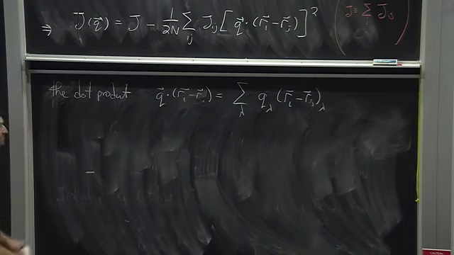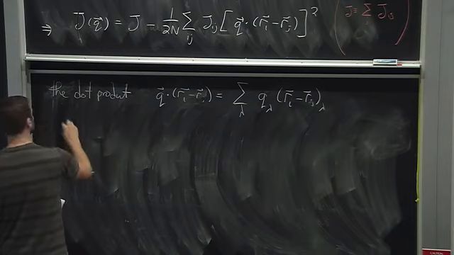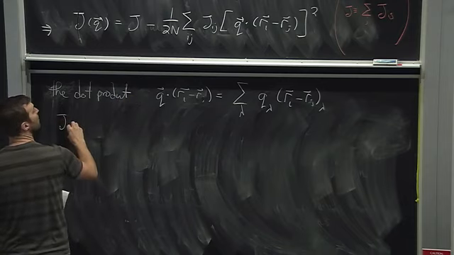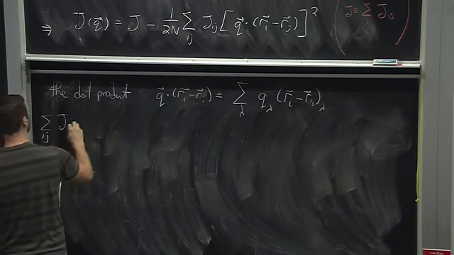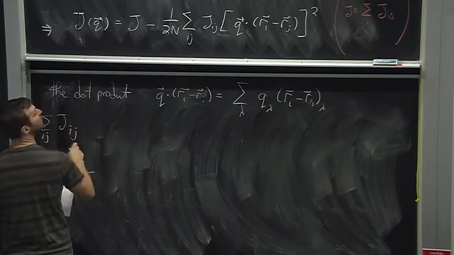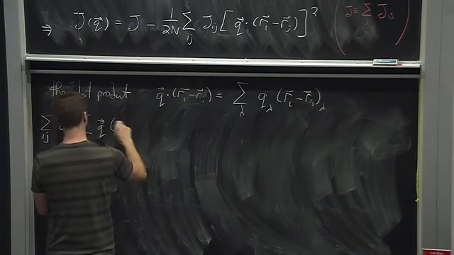Okay, so this term is worth thinking about. So then let's just look inside that sum. So J_ij, well, let's look at the sum, J_ij, q.